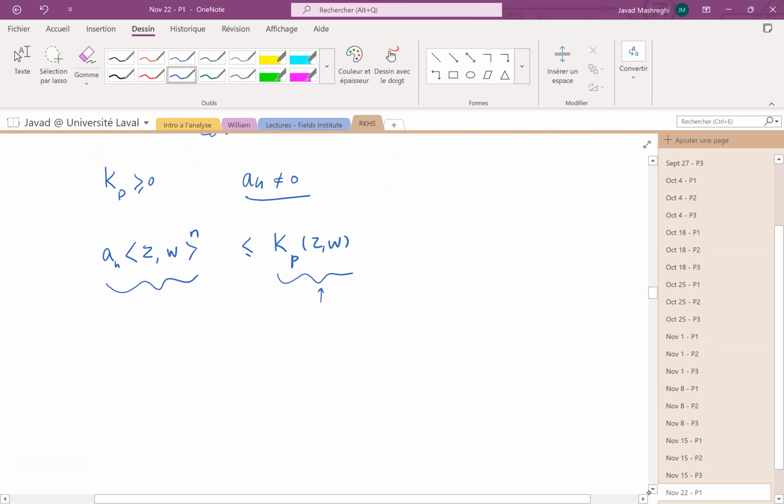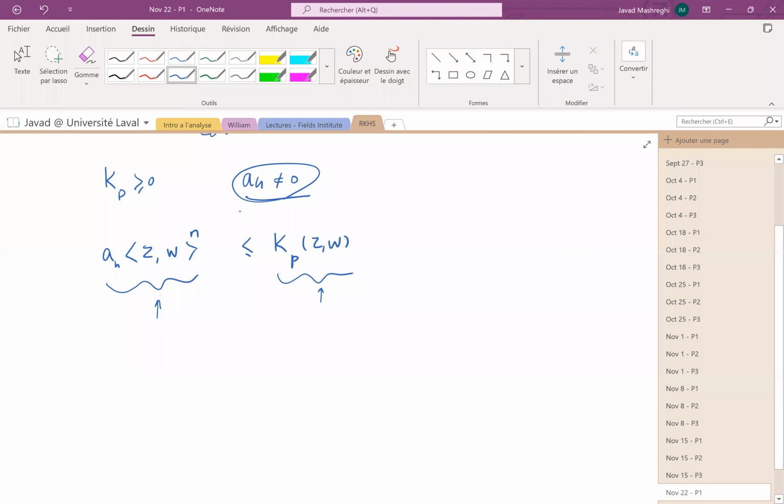And therefore, the previous proposition tells us that the elements of this are polynomials of degree precisely equal to n. So this one would have all polynomials of degree n, provided that a_n is not equal to 0.